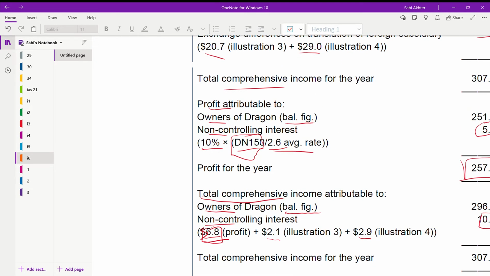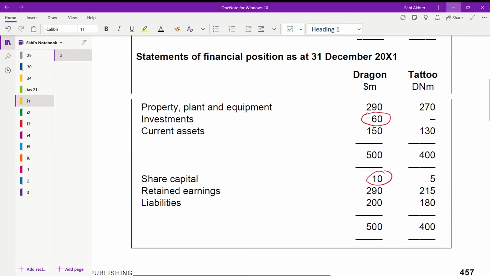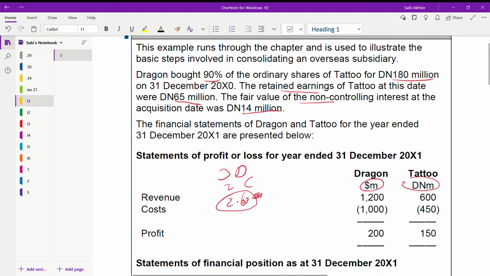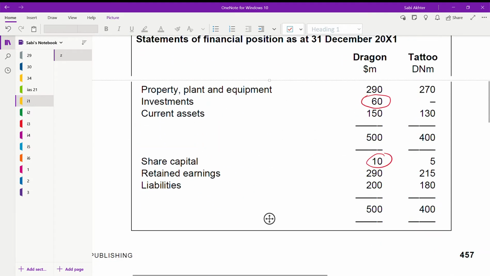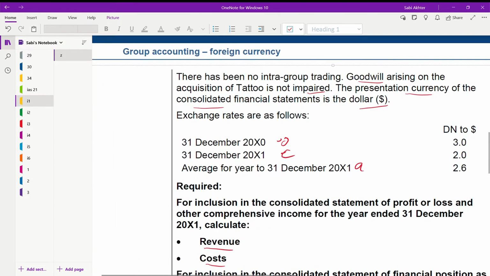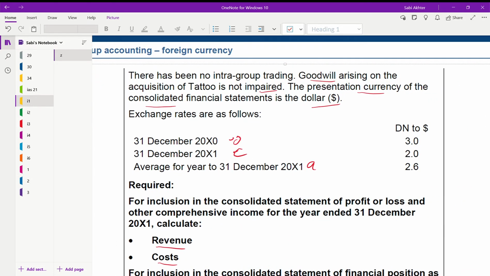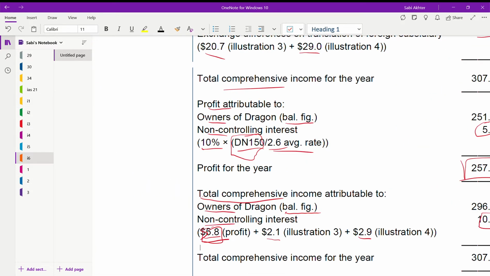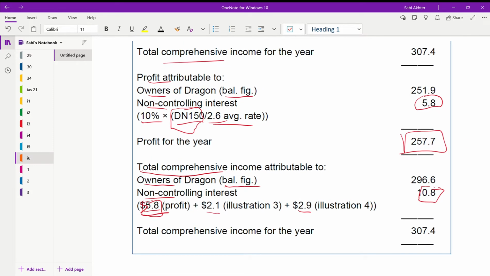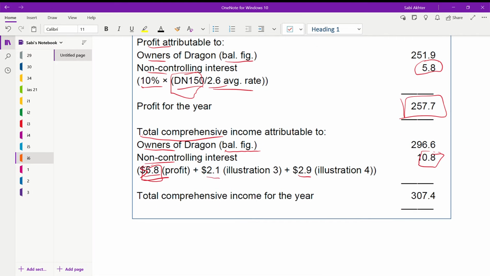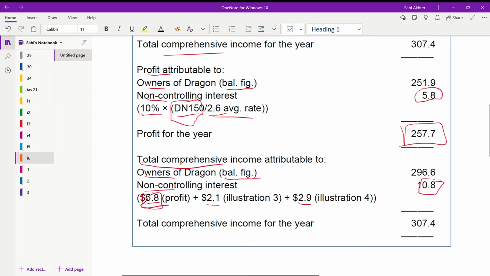We have to see illustration one for that. Here they didn't give you anything for this, right? They didn't give you the total comprehensive income 5.8. It is this, sorry, this profit only that you have to take.